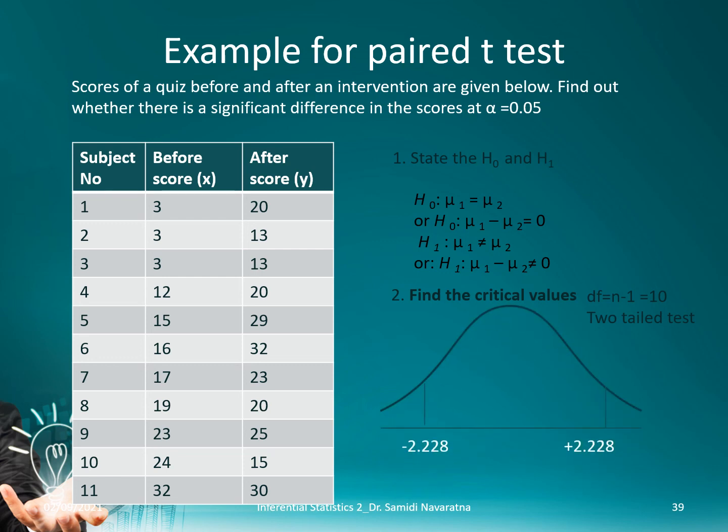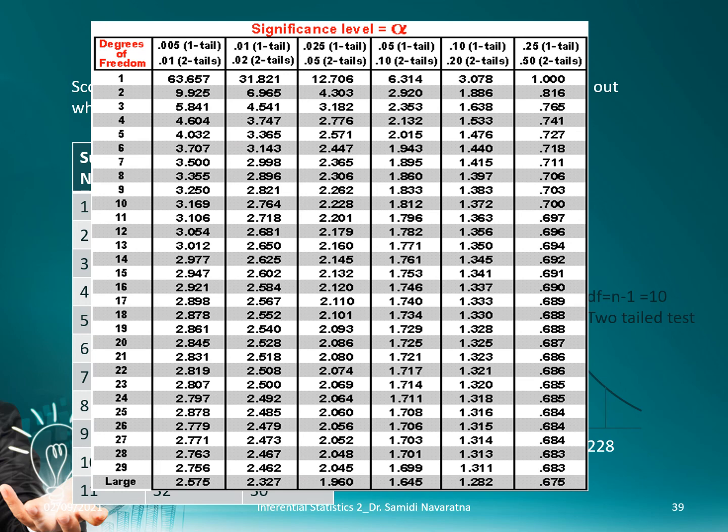Let's look at the null distribution. The critical values taken from the table would be plus 2.228 and minus 2.228. How did we arrive at these values? Let's look at the table. The degrees of freedom is 10, so it should be here.